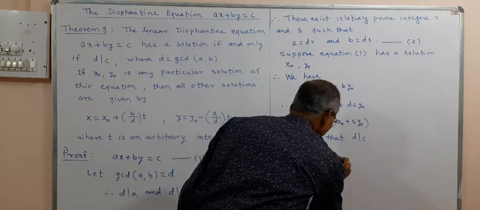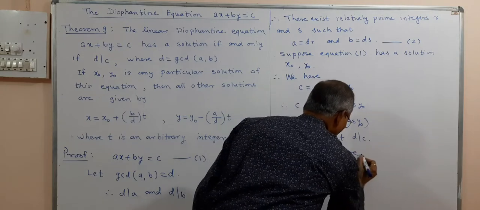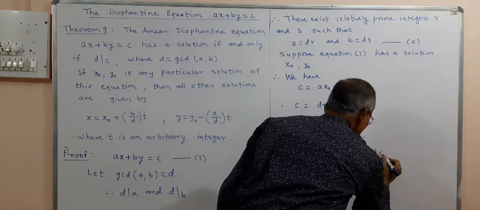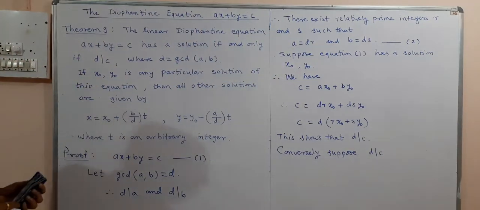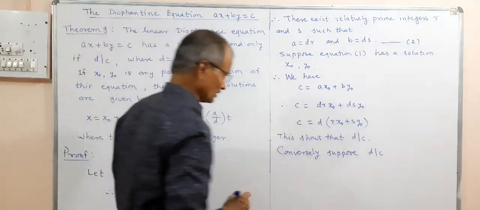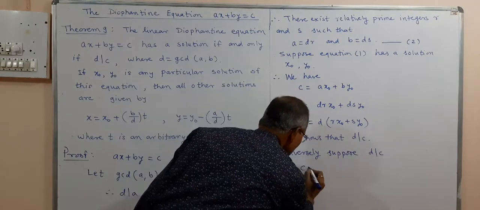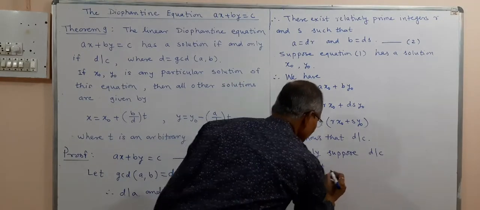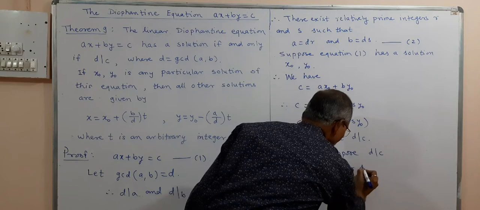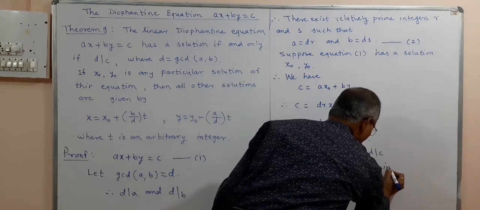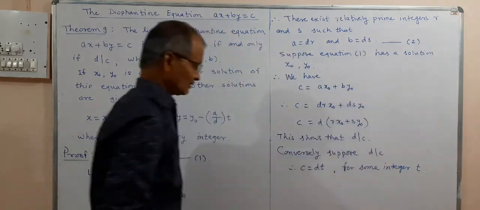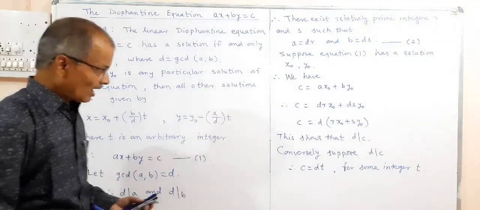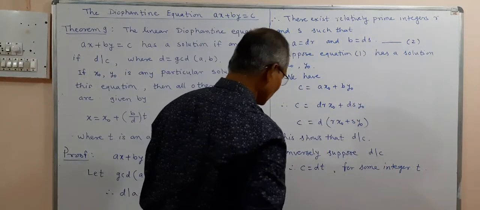Conversely suppose d divides c, and therefore we can write c as d into t for some integer t. C is equal to dt by definition of divisibility. We can write c as a multiple of d, and thus c is equal to dt.